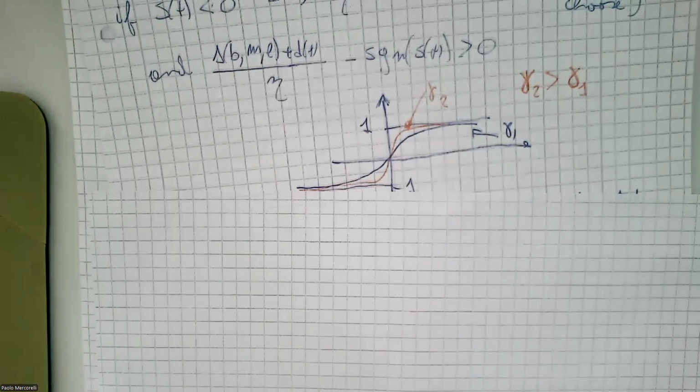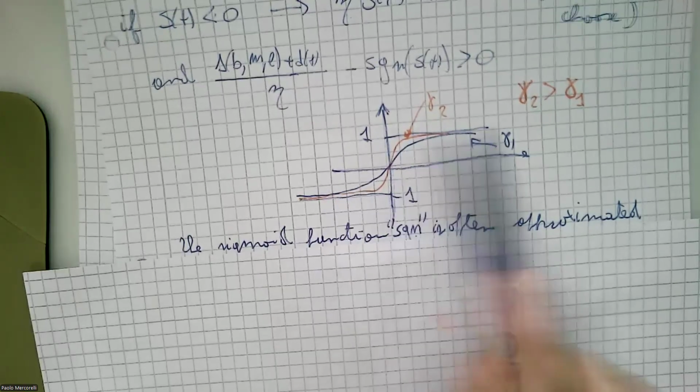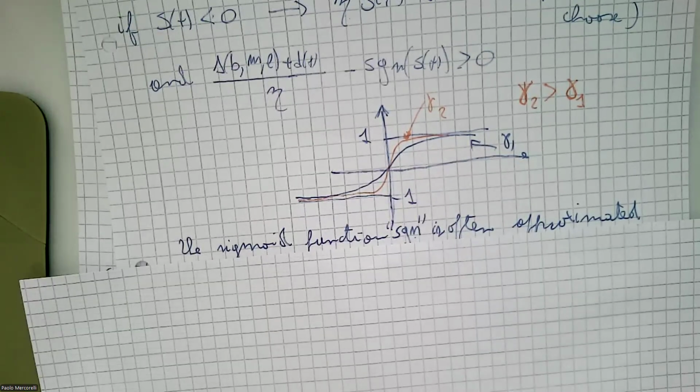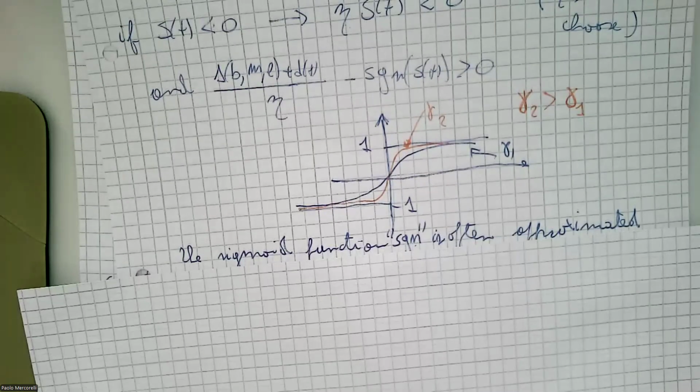The last consideration is what is this SGN? Again, I told you that SGN can be graphically represented in this form. Sigmoid function. It could often be a problem to apply, because the function which I have to implement in this control is not a continuous one.